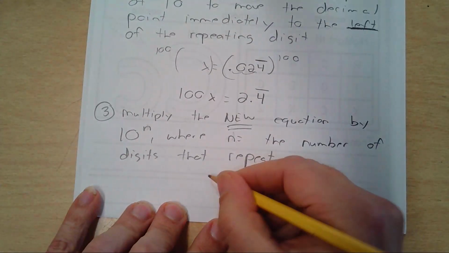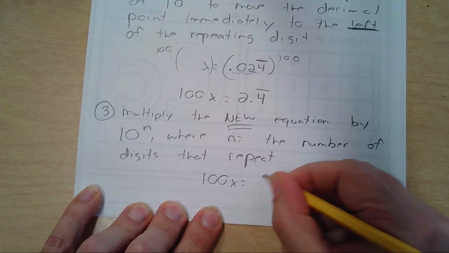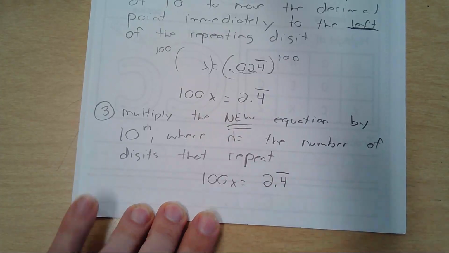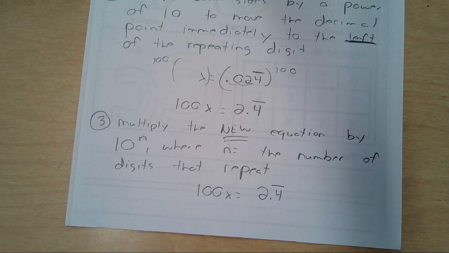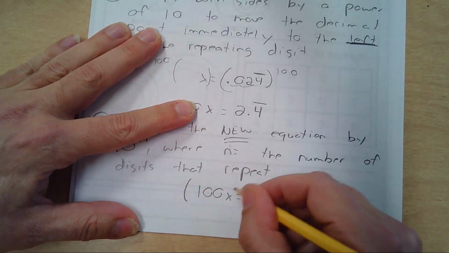So here is my equation. And the question is, how many repeating digits do I have? 1, just the 4. So if I have 1 repeating digit, n equals 1, what am I multiplying both sides by here? 10. So now I multiply this thing by 10.